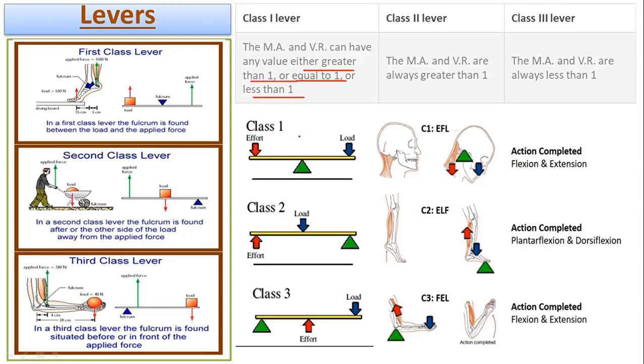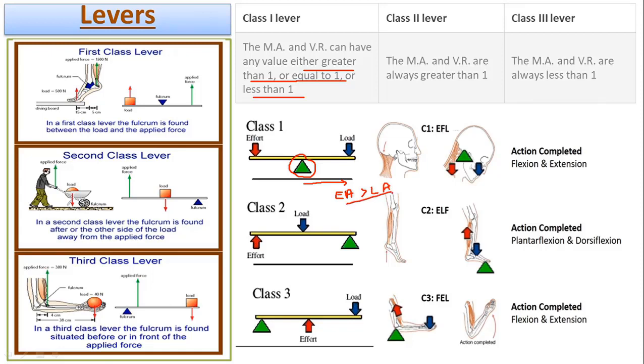This is because of the fulcrum which is present between the load and effort. If we move the fulcrum closer towards the load, then we will have effort arm greater than the load arm. Hence, the calculation which we are going to get for this is greater than 1.